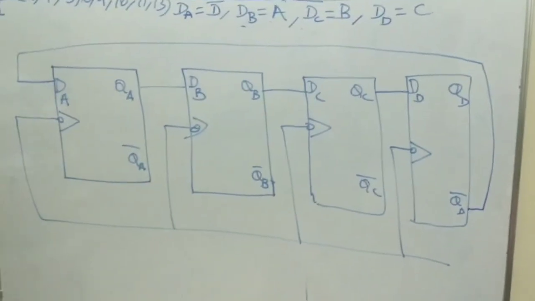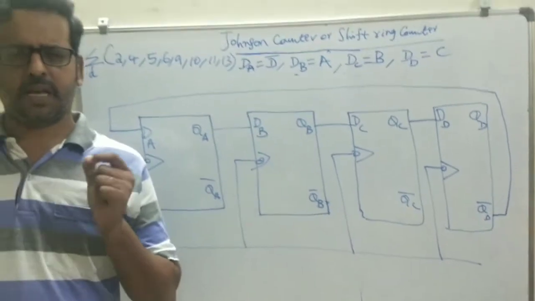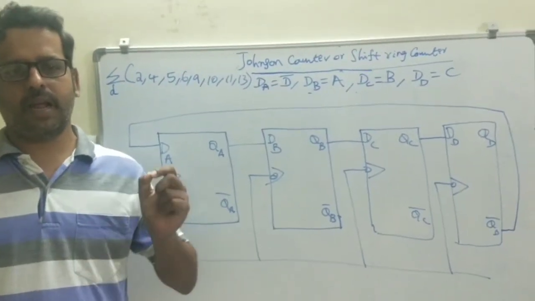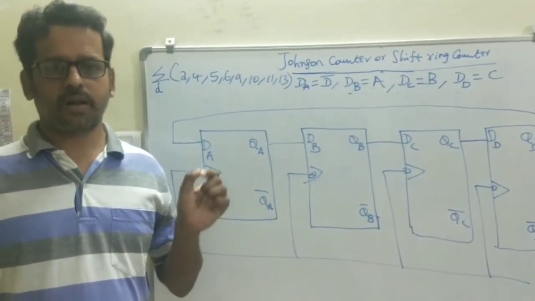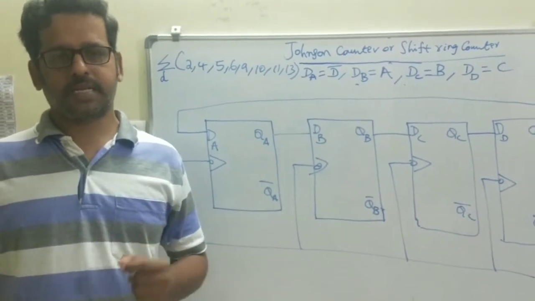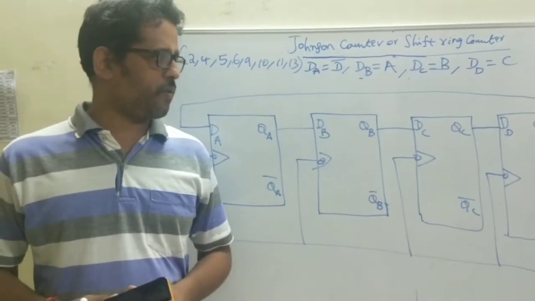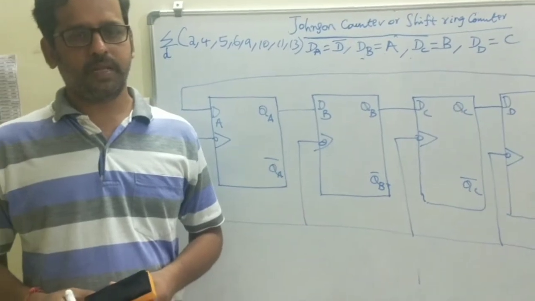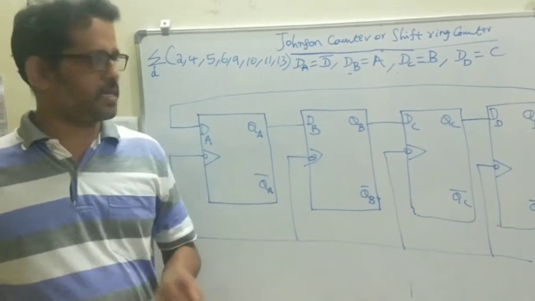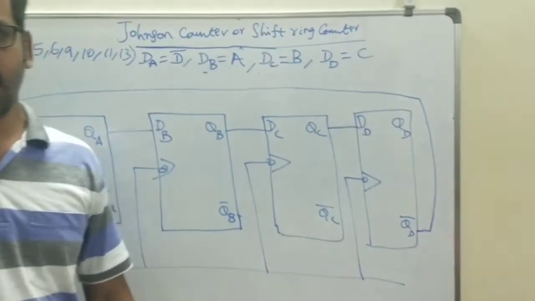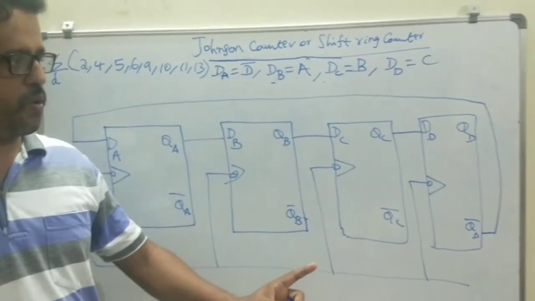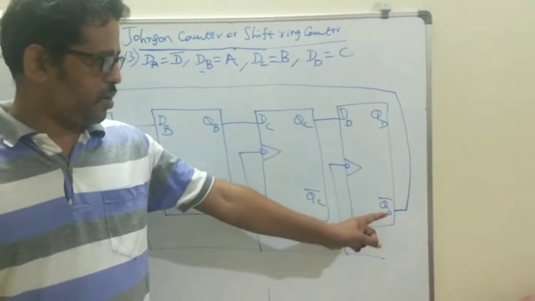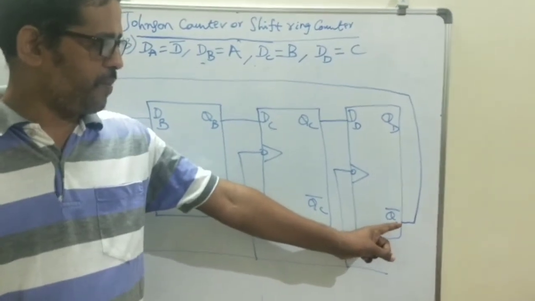If you look at the circuit, there is only a minor difference between the ring counter and the shift ring counter or Johnson counter. In the case of a ring counter, the output of the last flip-flop is QD. In the case of a shift ring counter or Johnson counter, we are taking the last flip-flop output from QD dash.